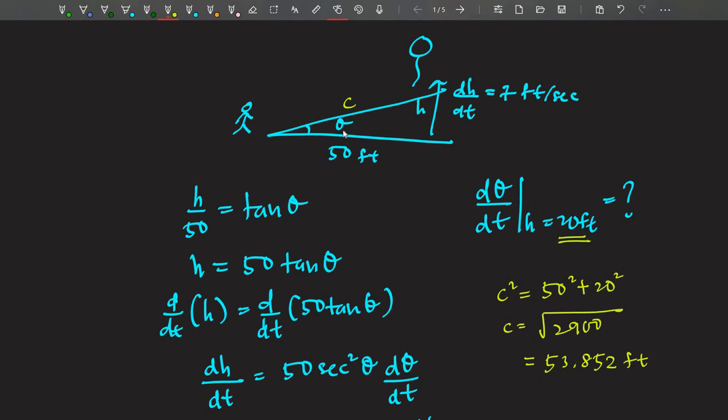So here cos theta is actually adjacent over hypotenuse.